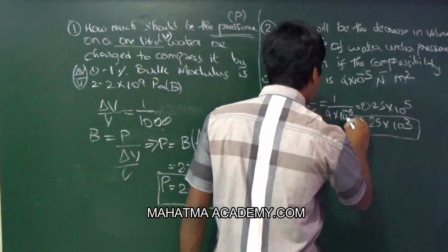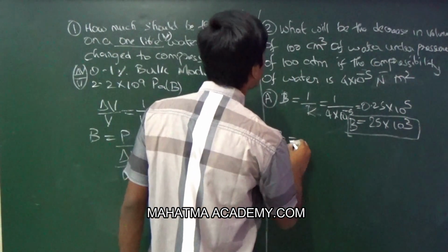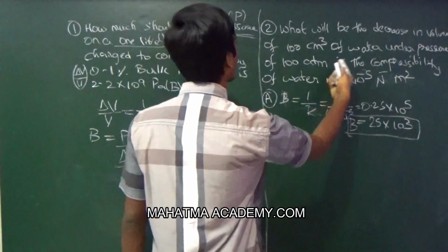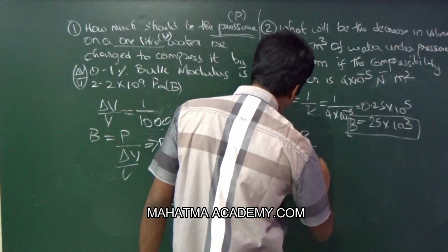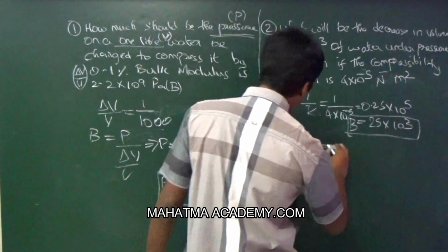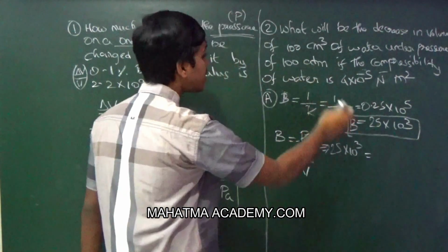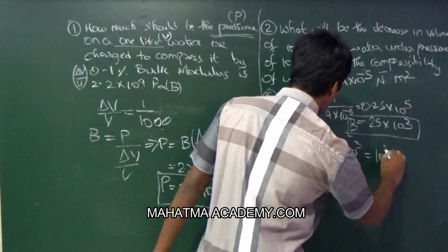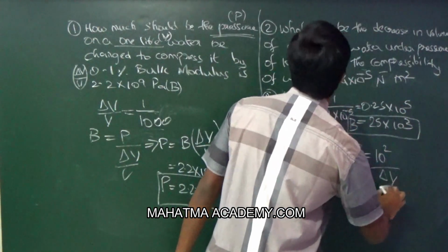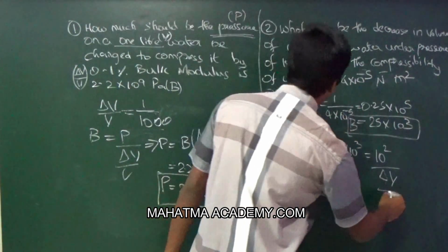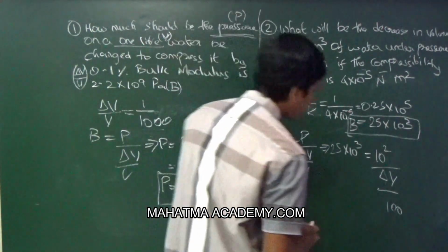So we have got the bulk modulus directly. So bulk modulus is equal to pressure upon delta V upon V. Here 25 into 10 cube is equal to 10 square upon delta V upon 100 centimeter cube, they have given.